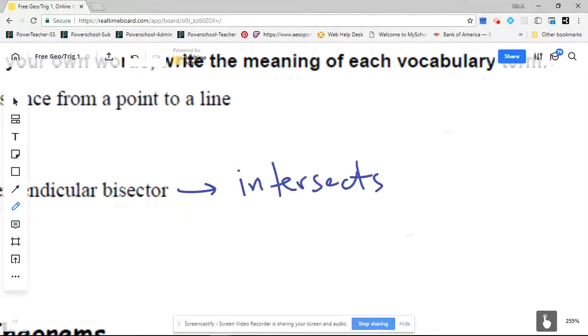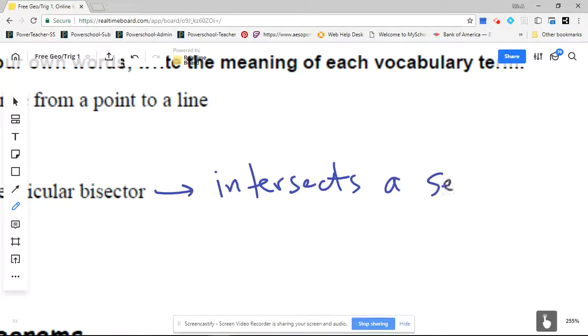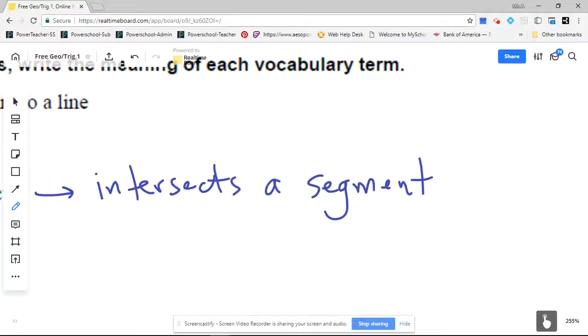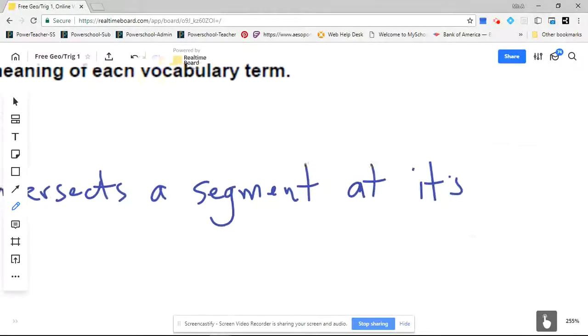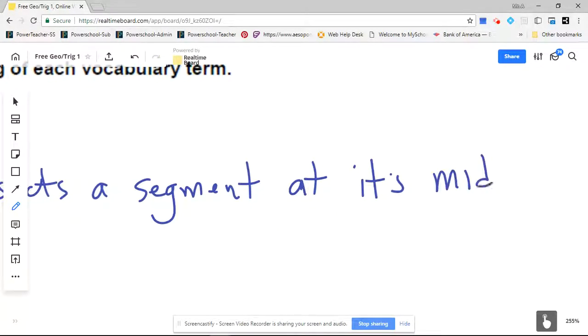So it intersects a segment at its midpoint. Because midpoint would be the bisector. Intersects a segment. It's got to be a segment because it's got to cut it in half.